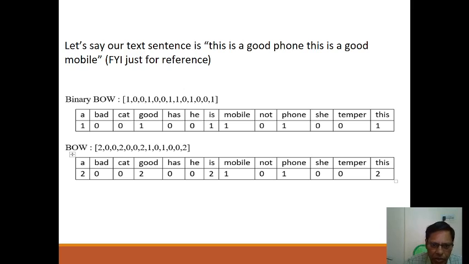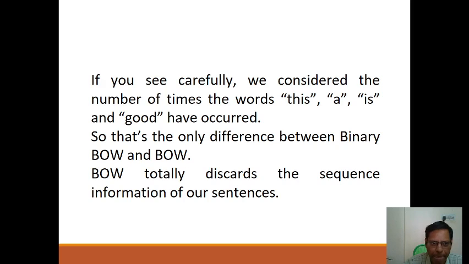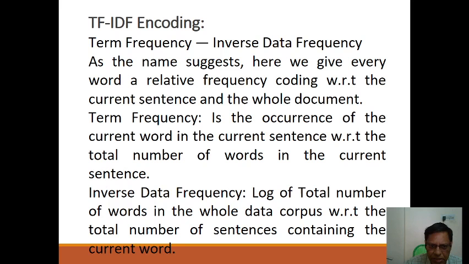It is how it is converting into 2. If you see carefully, we consider the number of times the words like "this", "is", "a" and "good" have occurred. That is the only difference between binary bag of words and bag of words. Bag of words totally discards the sequence information of our sentences.